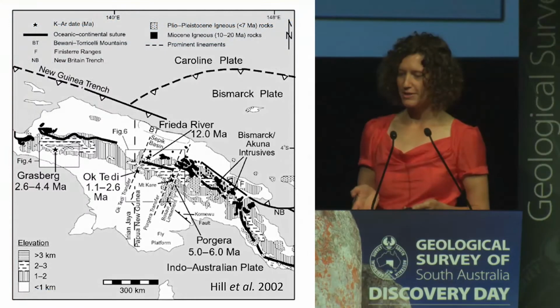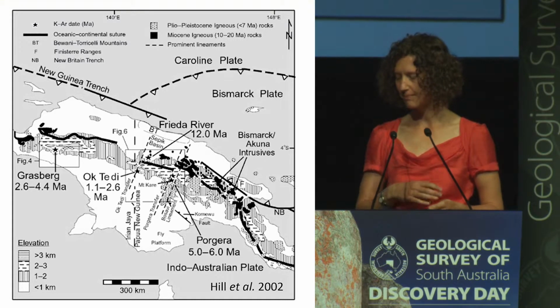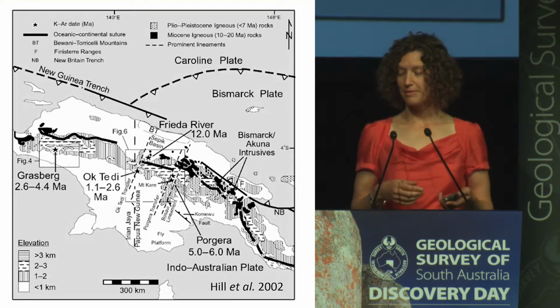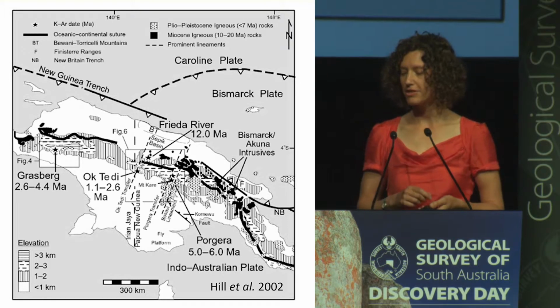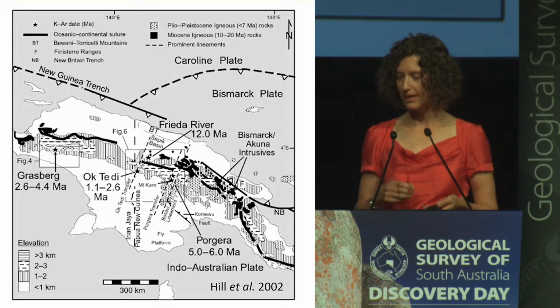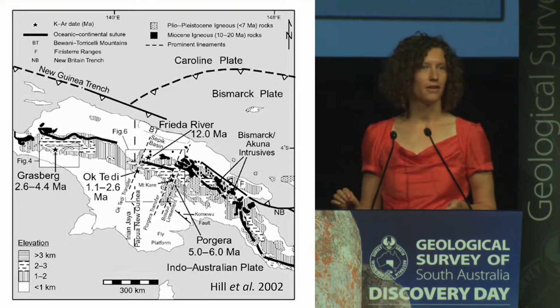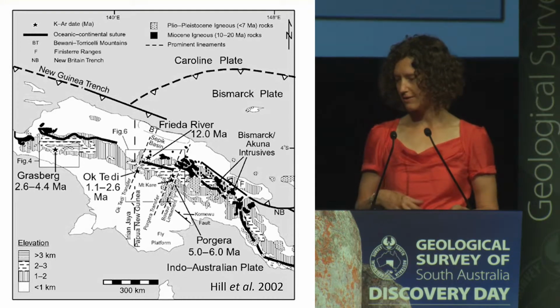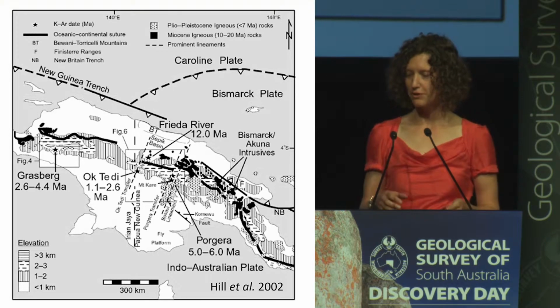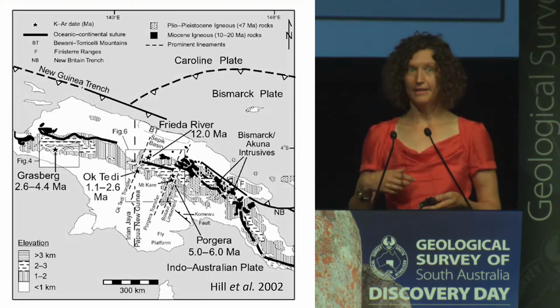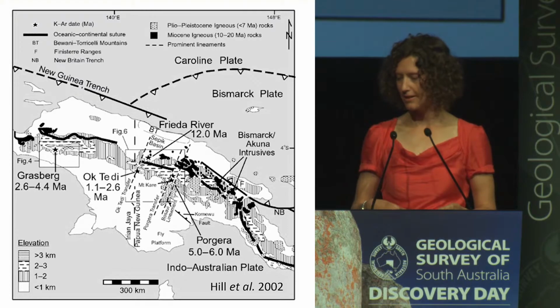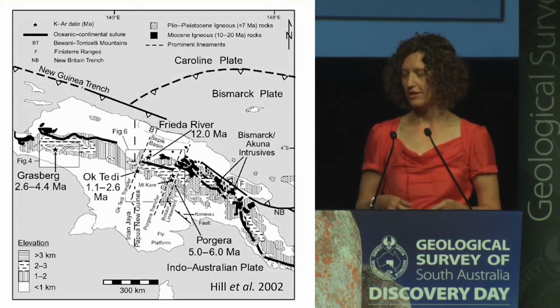So this map shows an example of a copper-gold mineral system in Papua New Guinea, which are all associated with a paleosuture shown in the heavy black line, which marks a belt of ophiolites. The suture formed during accretion, and then later on magmas ascended along this structure, and mineral systems formed.